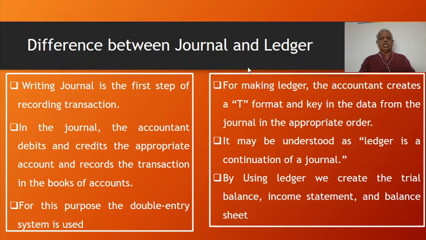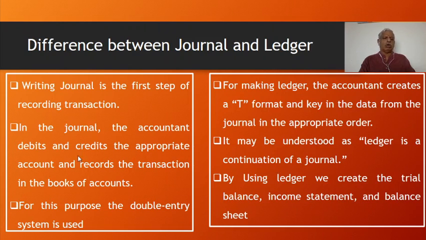On the other hand, what's a ledger? For making ledger, the accountant creates a T format and keys in the data from the journal in the appropriate order. So the journal is the first step, whereas the ledger follows the journal. It may be understood as ledger is a continuation of journal. So from here, the entries will come here.